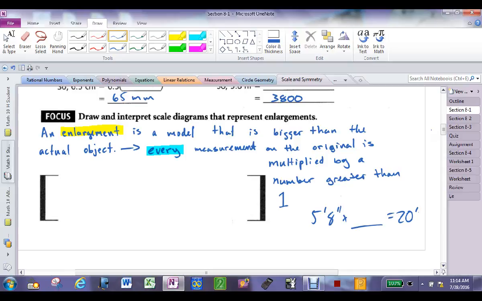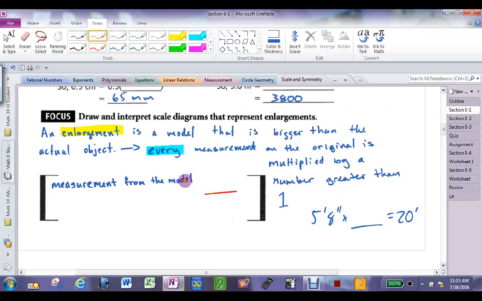Okay, now listen to me. Here's what it means in math. You take any measurement, and when I say any measurement, could I do this measurement on my body? Yes, and compare it to this on the statue. So you take a measurement, any measurement, from the model. In my example, is that the statue or is it me?